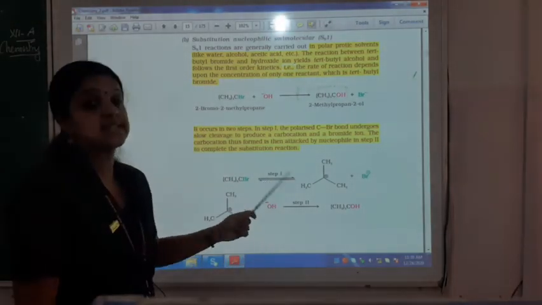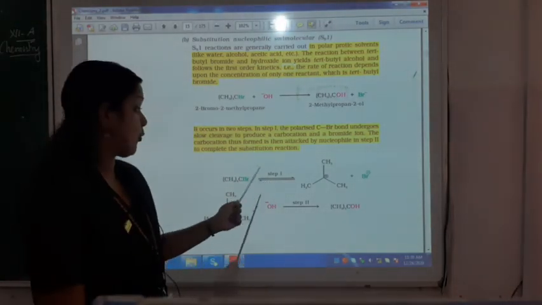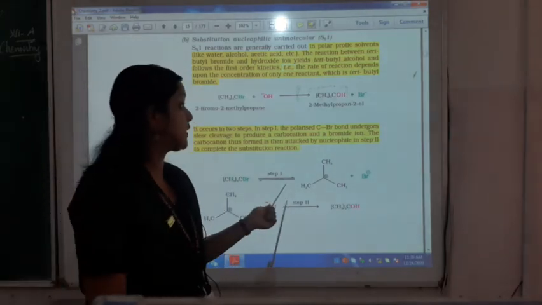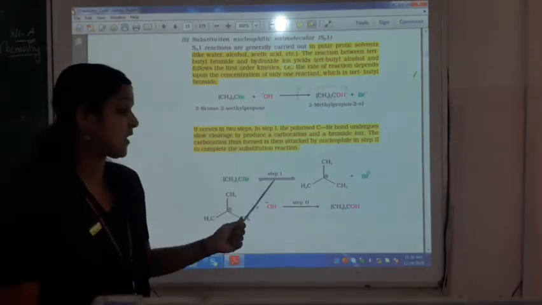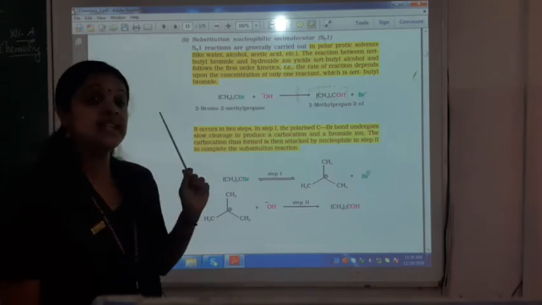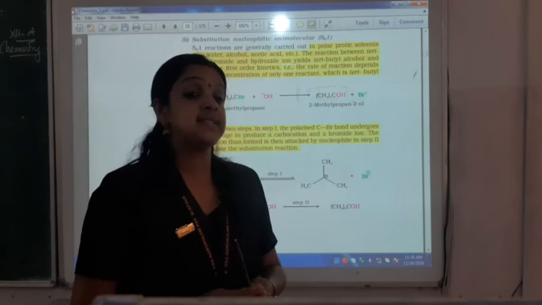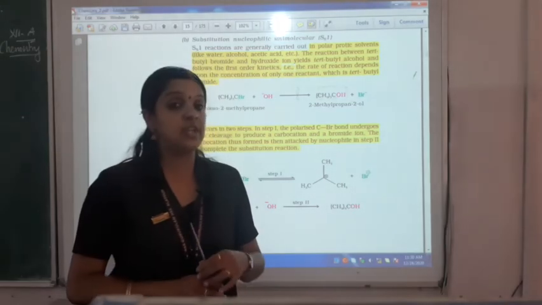But this is a 2-step process where the concentration of one of the reactants is considered. That's why you call it an SN1 reaction. When I said in SN2, primary halides are more susceptible to SN2, tertiary are not.